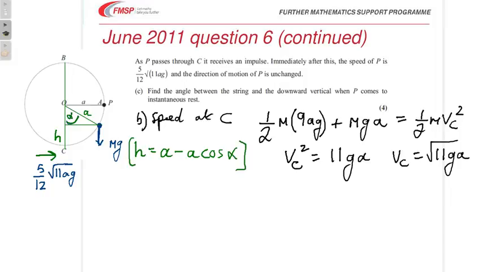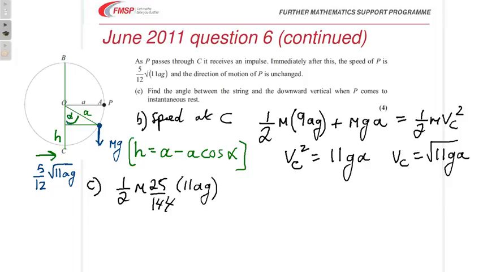Now for part C, let's do energy one more time, from the bottom to when it comes to rest. Half m v squared, with v squared being 25/144 times 11ag, is the initial kinetic energy.